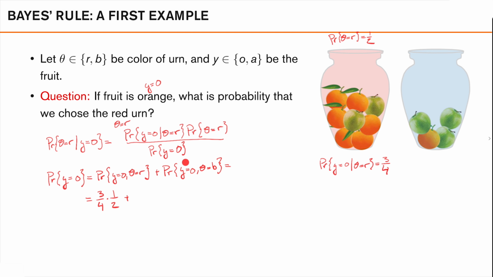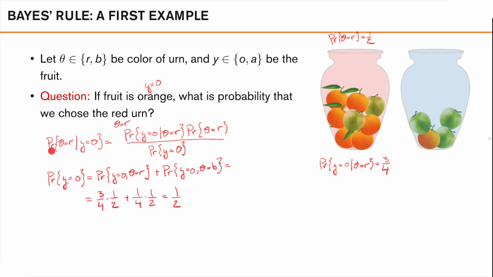And similarly, for the second term here, we get the probability of picking an orange, given that we're picking from the blue urn, as in the blue urn, there are only 1 orange and 4 fruits in total, times the probability of picking the blue urn, which is 1/2 again. Now, if we sum this up, we see that this becomes 1/2.